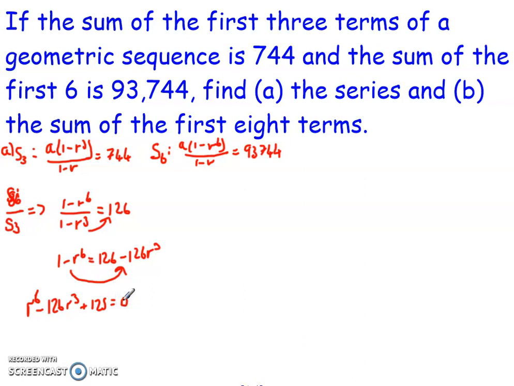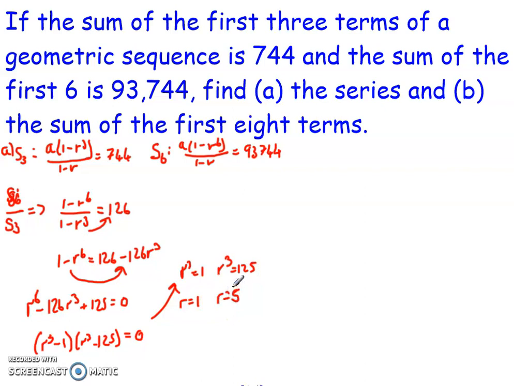If I then factorise it similarly to what I would do with a quadratic, I'd end up with (r³ - 1)(r³ - 125) equal to 0. Now if I take both of these brackets and solve them, I get r³ equals 1, so r equals 1, and r³ equals 125, so r equals 5.